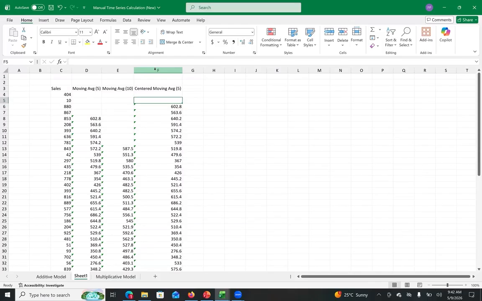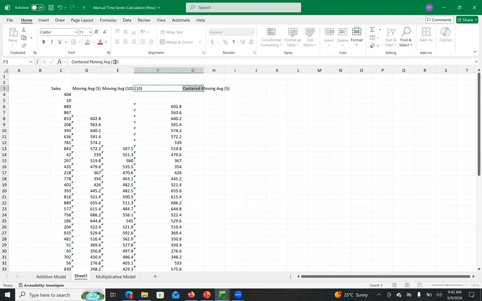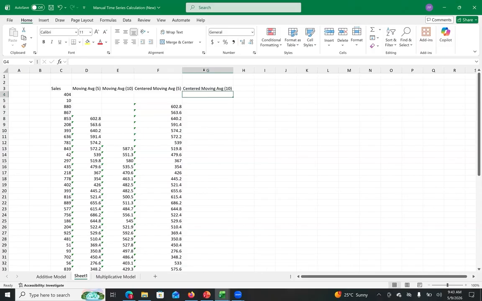Okay, let's say this. And I think you might have guessed how I'm gonna do now centered moving average of 10. Right? Now, when we are taking an even value, for an odd value, it was very easy. Let's say if it is 5, then 2 in the past, 2 in the future, 1 in the center.